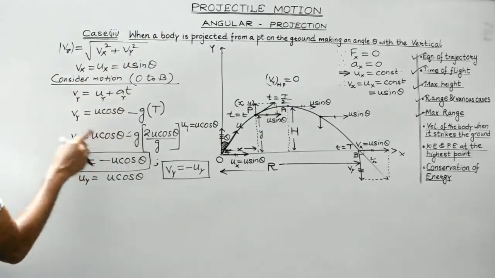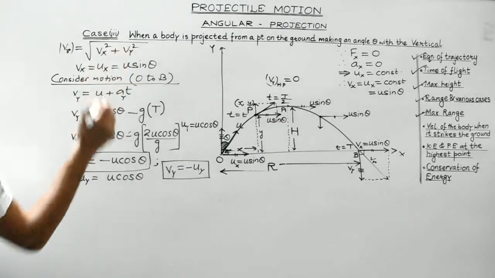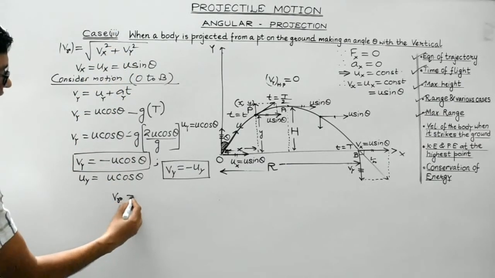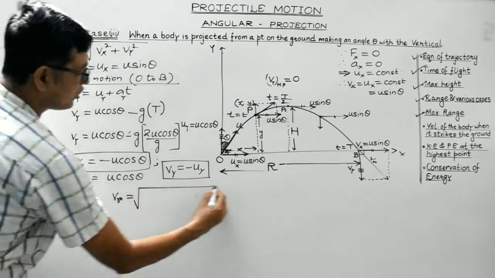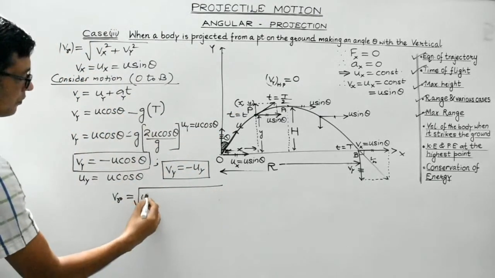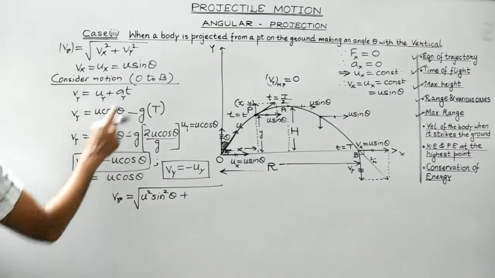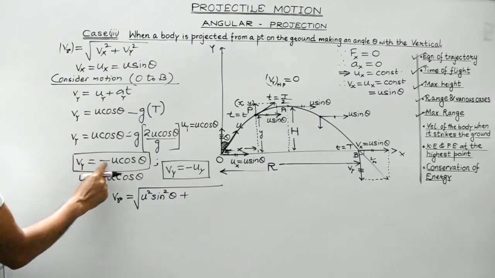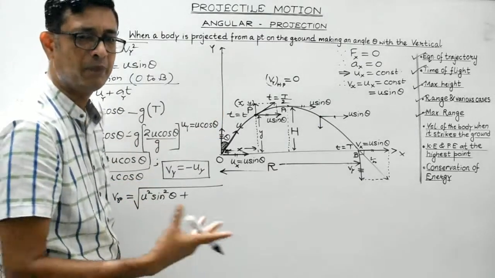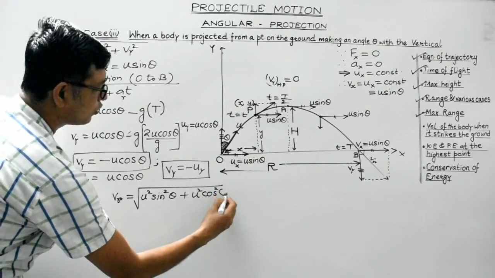So, what to do is, let's substitute the value of Vx and Vy over here. Therefore, resultant velocity with which the projectile strikes the ground: Vx square will give us u square sine square theta, plus Vy square. Now, minus u cos theta whole square will become positive only, so it will be u square cos square theta.